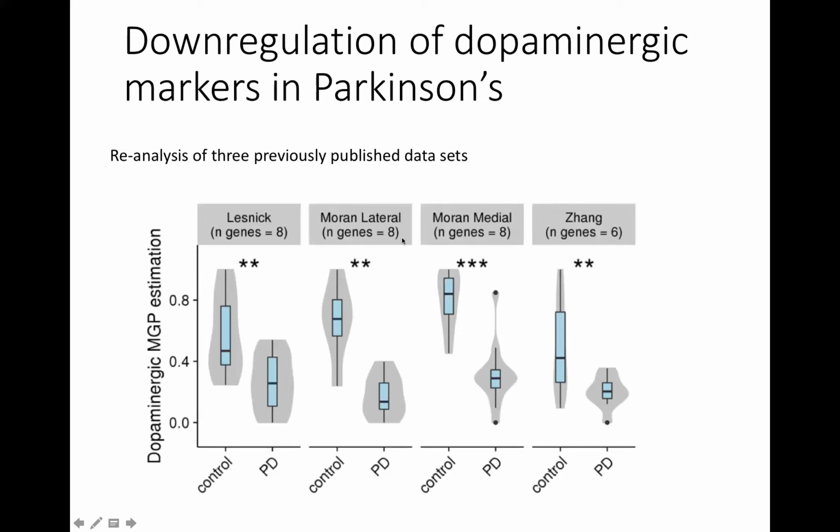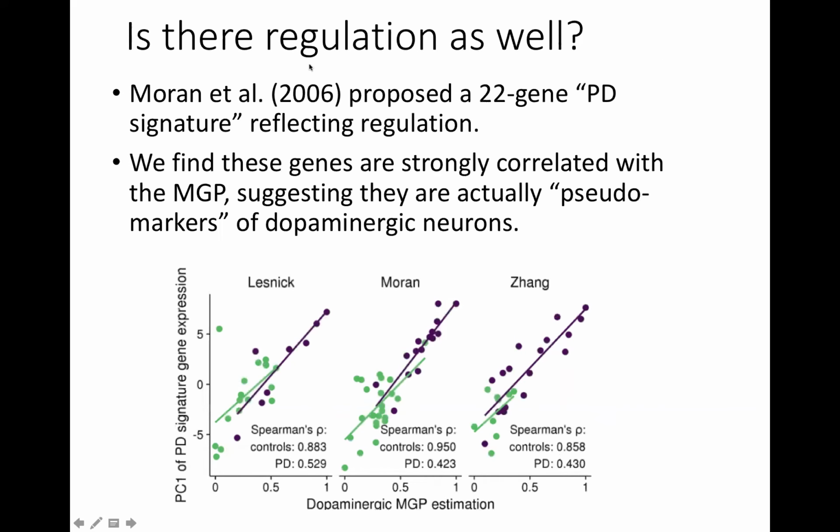Okay, so then, is there regulation as well? One of the papers proposed a signature that they referred to as reflecting regulation in Parkinson's disease. We looked at these genes and we find that they're all, or almost all of them, highly correlated with the dopaminergic marker gene profile.